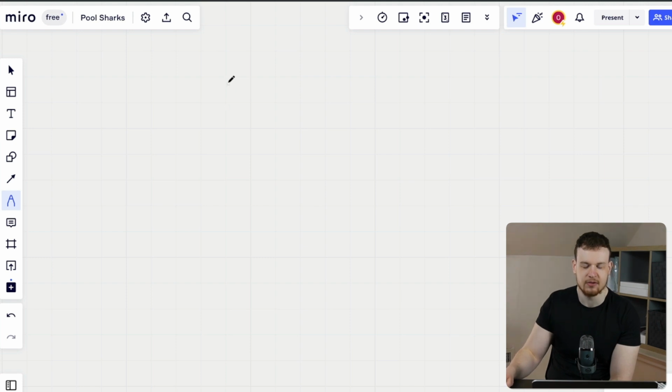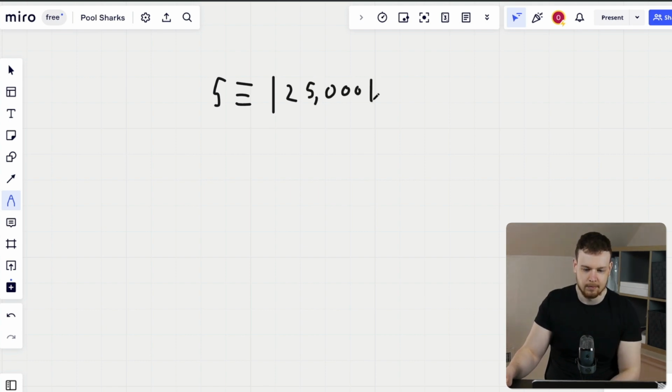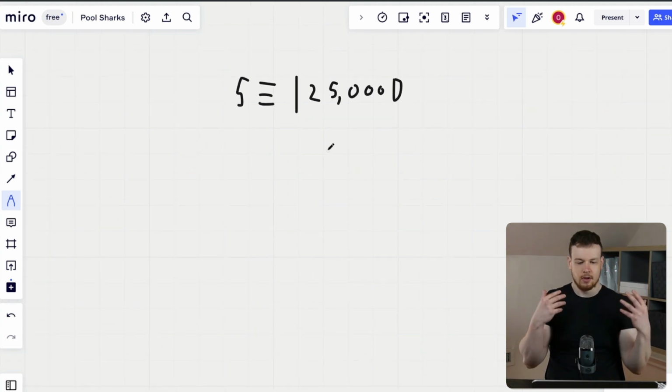So first of all, let's continue with our example, and let's say that first there's a balance of 5 ether in the pool, and then on the other side, there's a balance of 25,000 DAI in the pool. So the price of ether is 5,000 DAI per ether currently in this pool.